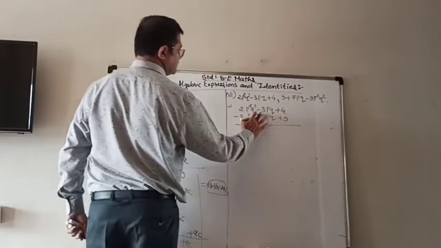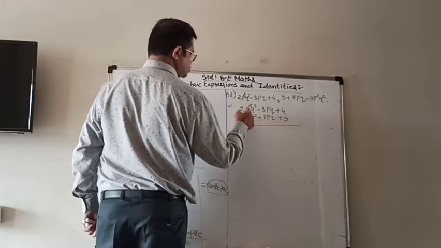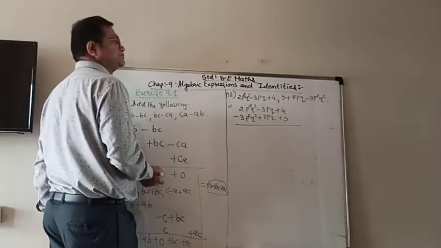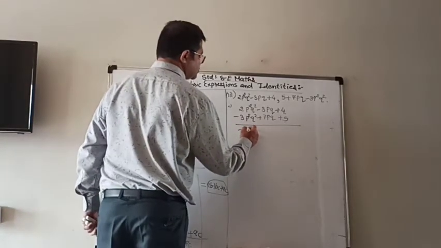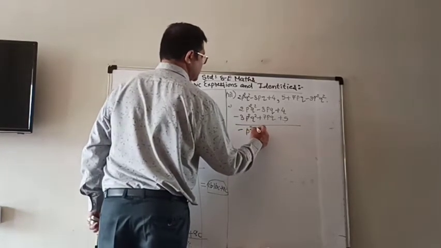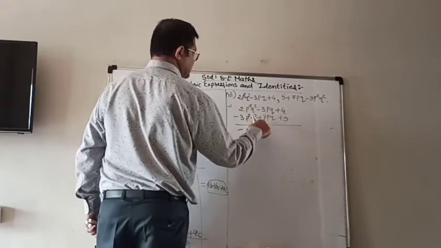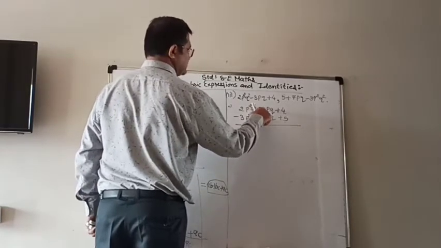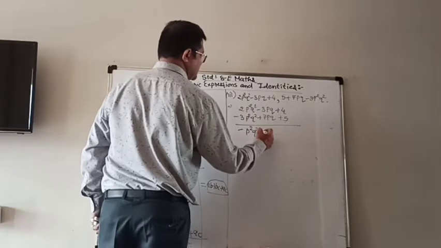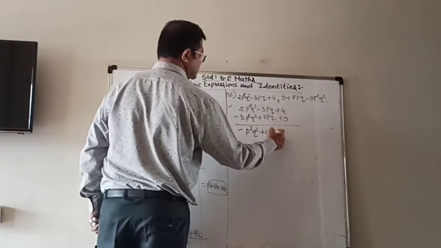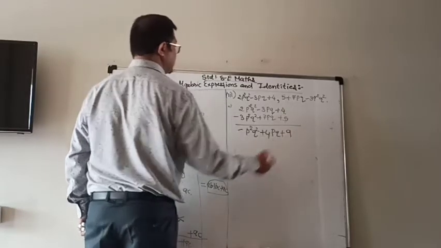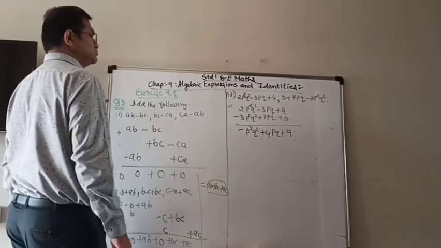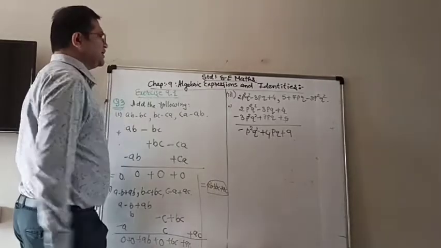Now we have to add them. 2 minus 3 is minus 1. 1 we do not write down, so minus p square q square. Minus 3 plus 7. 7 minus 3 is 4. The bigger number's sign is plus, so 4pq. Plus 4 plus 5 is 9. So it is better like that.